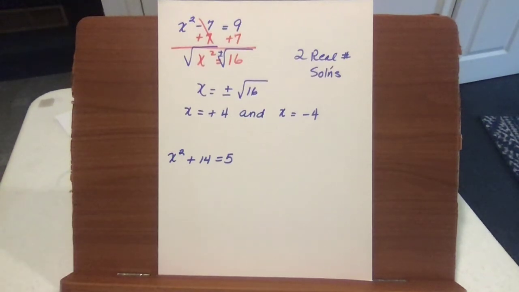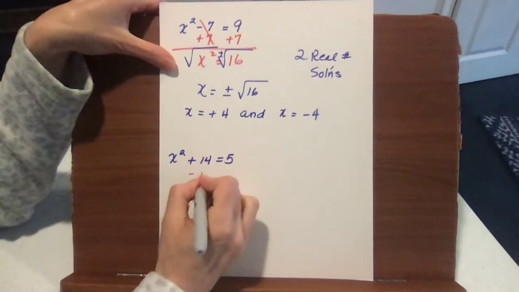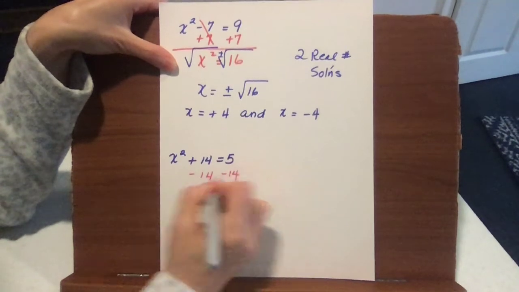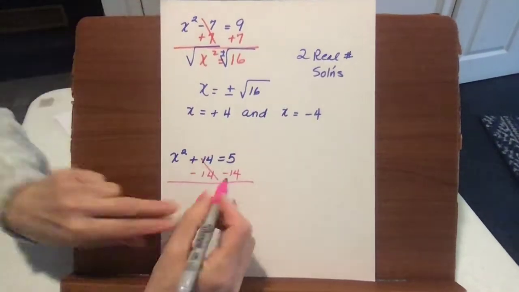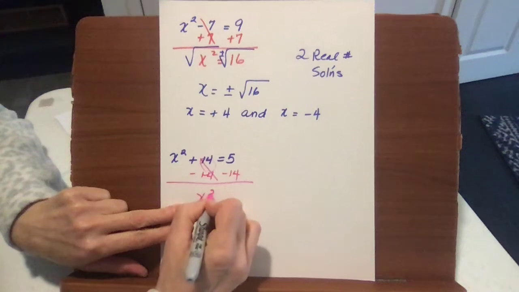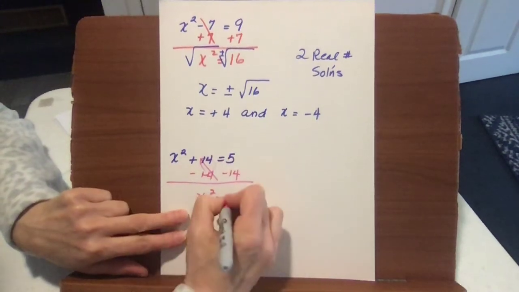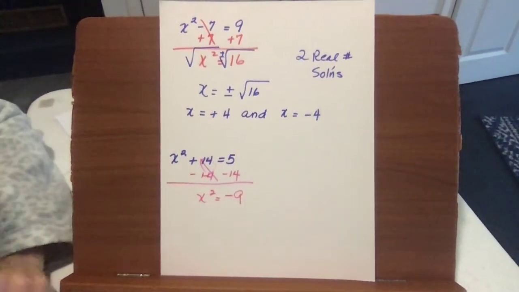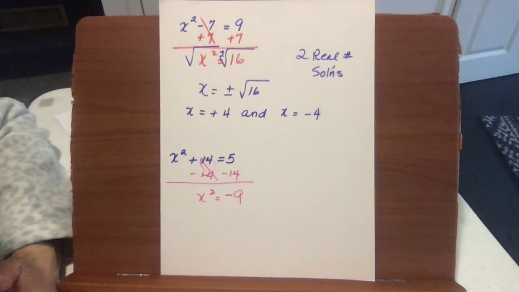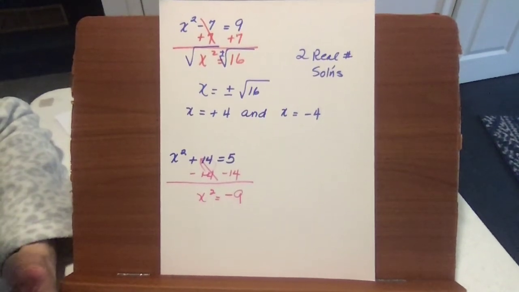Next, x squared plus 14 equals 5. All right, so we need to get x squared by itself, so we're going to bring that 14 to the other side. We get x squared equals, now 5 minus 14 is negative 9. Now you look at that, and if you go into robot mode and take the square root, you're going to get an error on your calculator.